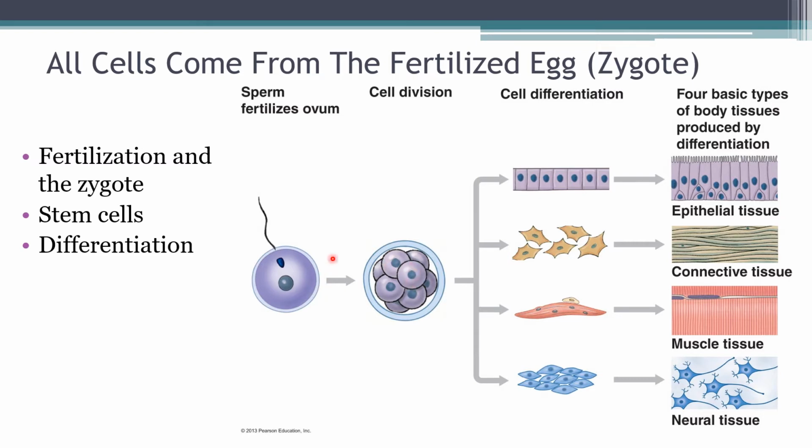So each of these cells came from that fertilized egg, right? So all the cells in your body originally come from that fertilized egg. And that means, at the minimum, all 10 trillion cells in your body derive from a single cell. And we get that by this process of mitosis.